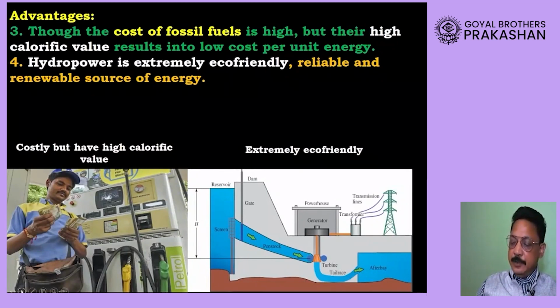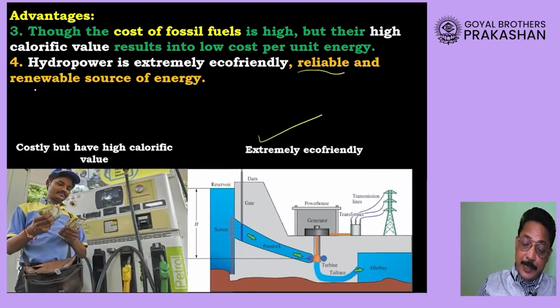Then this electricity which is produced using water, dear students, we call it by the name hydropower or hydroelectricity. This electricity is very eco-friendly. It doesn't cause any pollution, dear students, okay. So it is very eco-friendly, and moreover it is reliable, and very importantly it is renewable also.